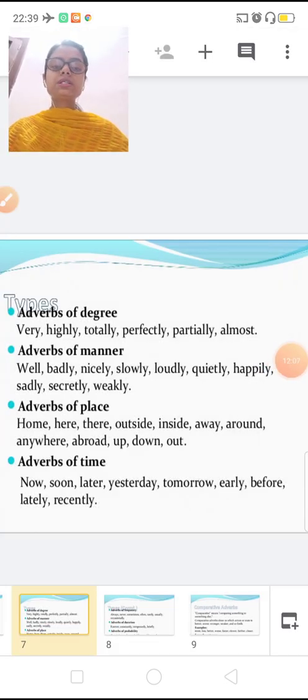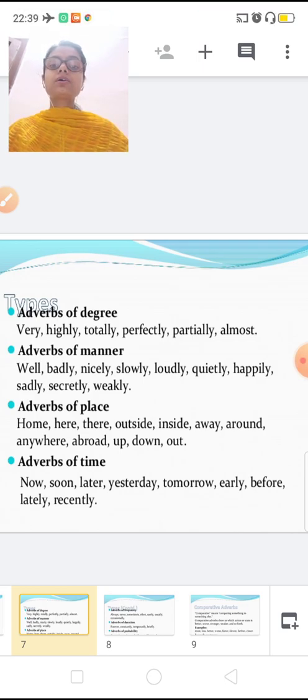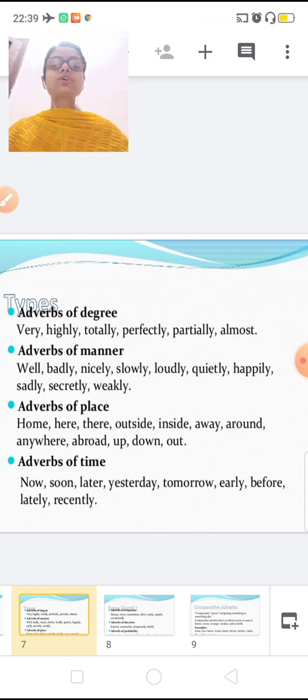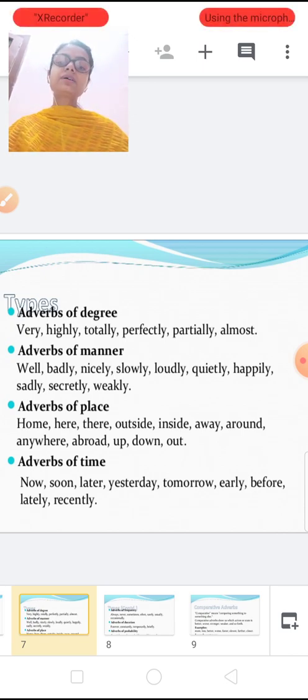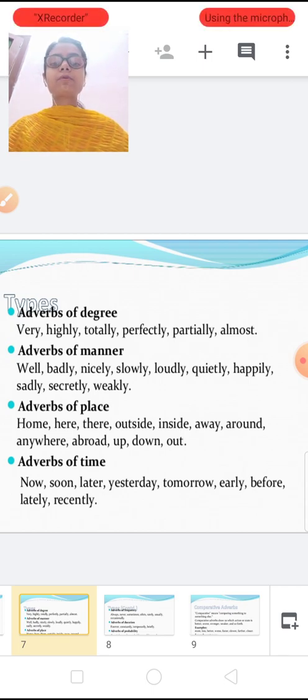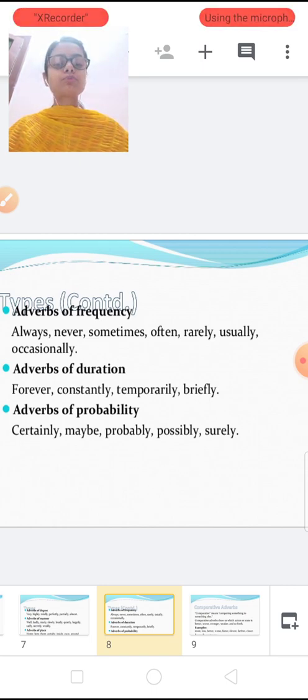Now students, in today's session I'll tell you about the types of adverbs, but the explanation we'll do in our next session. So what are the types of adverbs? Basically we have adverbs of degree, manner, place, time, frequency, duration and probability.